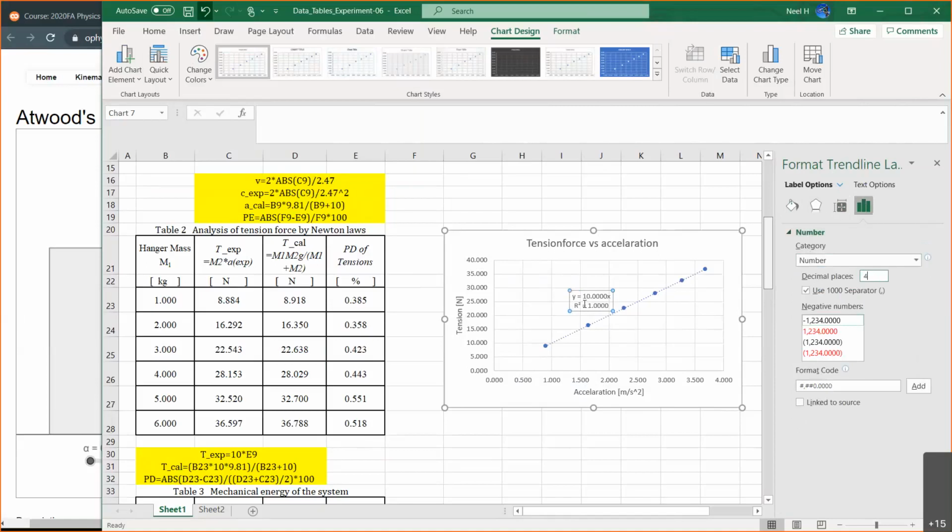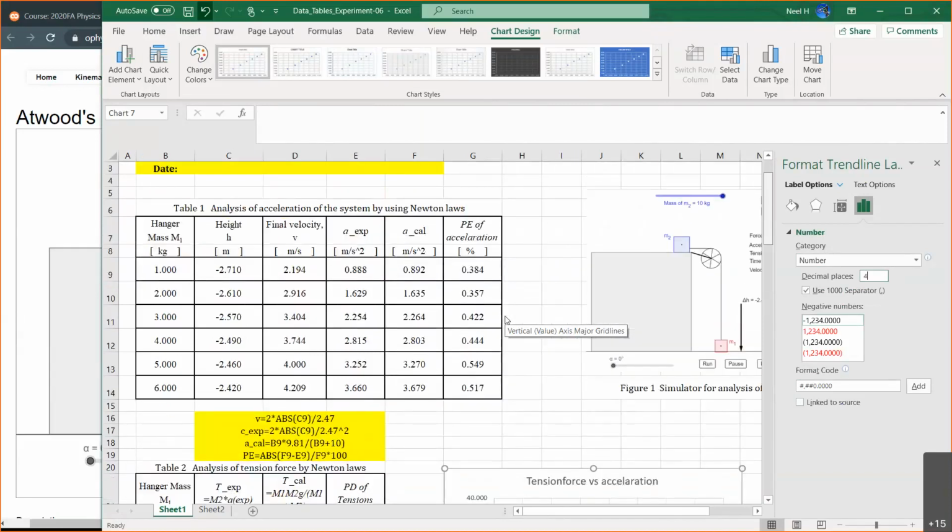Then I can make sure the calculated value is actually accurate, right? If I'm missing those decimals, which means there is going to be a percentage error still, right? But you can see that number is the mass of the cart. That is exact because the mass of the cart we keep at 10 kilogram, right? That's exactly the number we need.